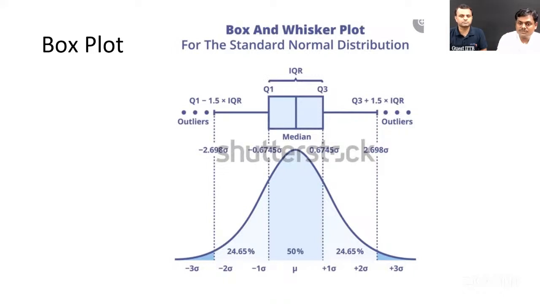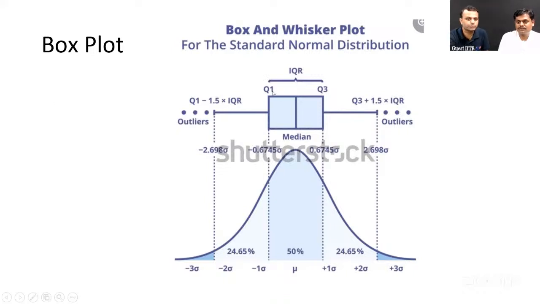The box plot contains 50% of the samples of the data in between quartile 1 and quartile 3. It is called the interquartile range, which is IQR. Here the first part is Q1, then the second one is Q2, and the third one is Q3. I think the number should be Q2, isn't it?